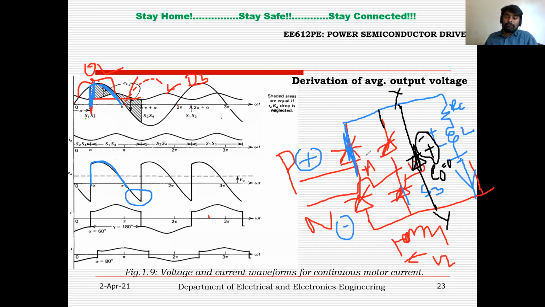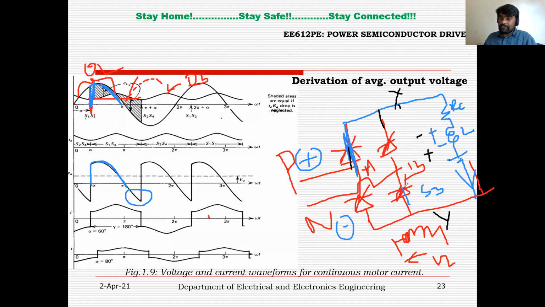So that is why, during freewheeling action, you will get zero output voltage across it. But in the fully controlled converter there is no freewheeling action here, right? Because there is no freewheeling diode, and the inductor has to discharge with positive and negative polarity, right?